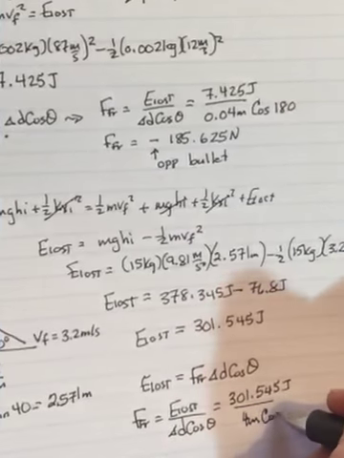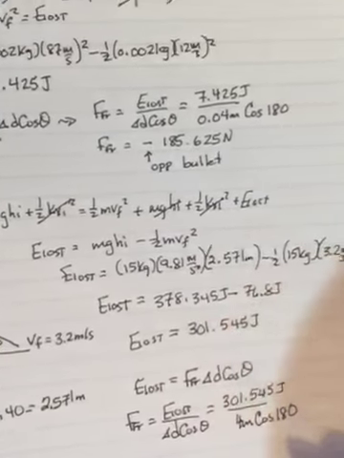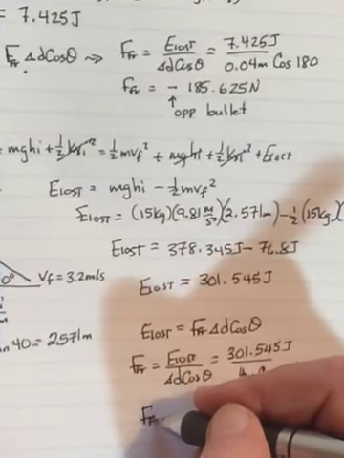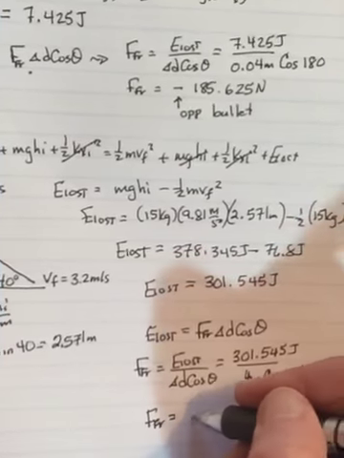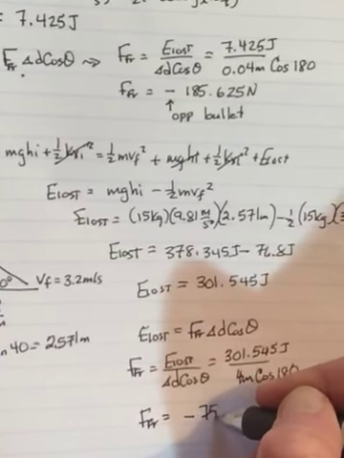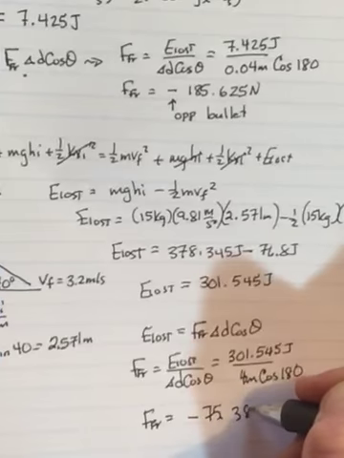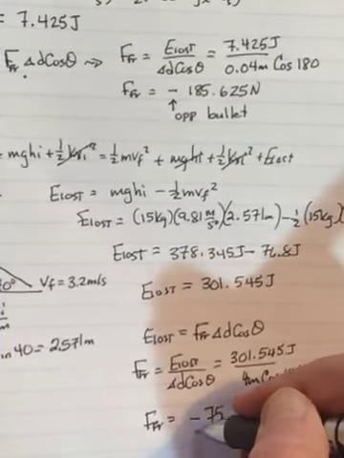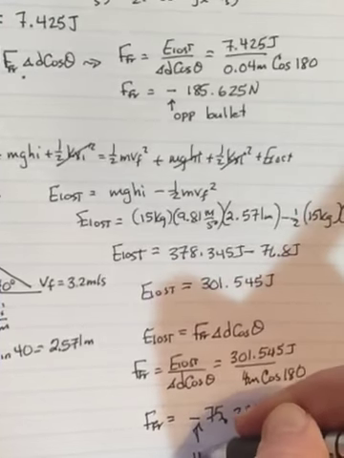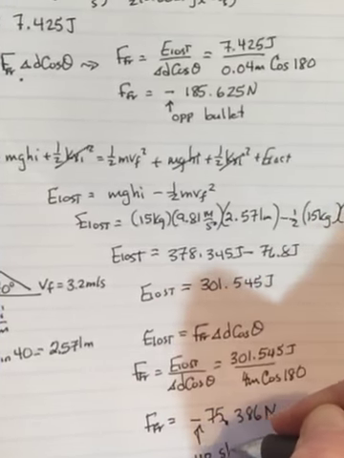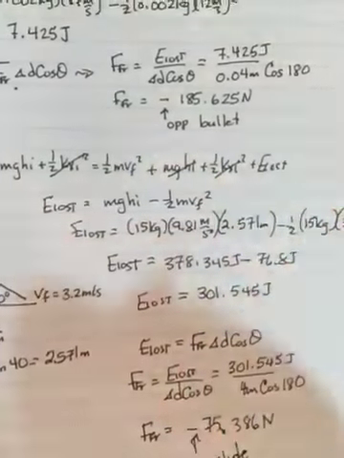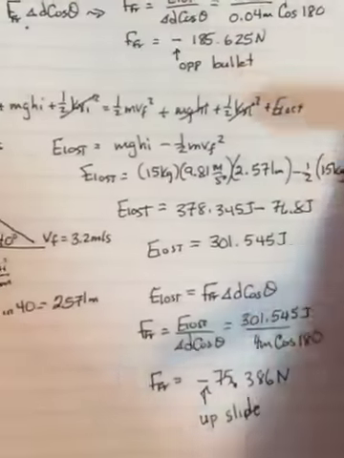And again, the angle is going to be 180 degrees, because the kid's coming down the slide, but friction's acting up the slide. And so when you do this, you'll get a negative 75.386 newtons. Okay, and once again, the negative will mean up slide. Okay, and there it is.